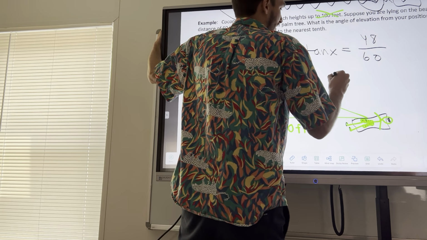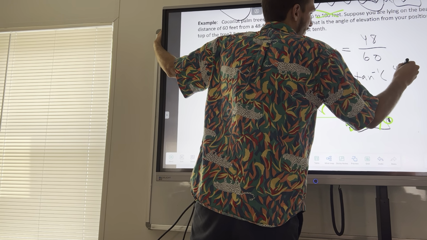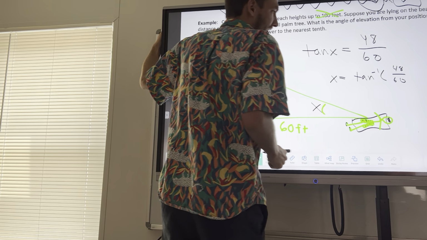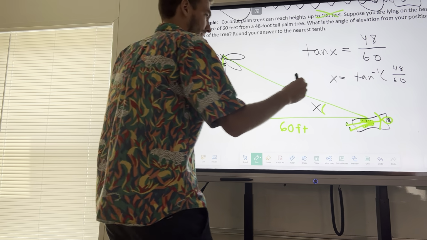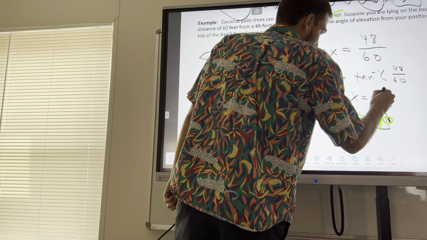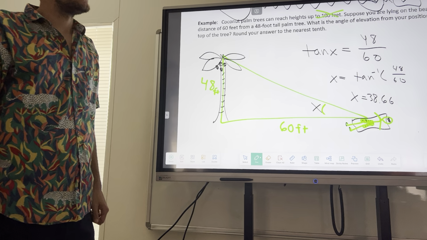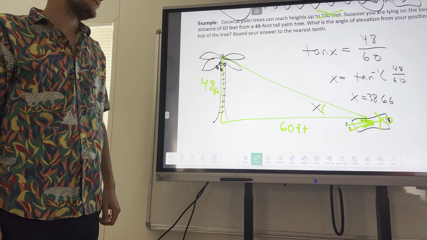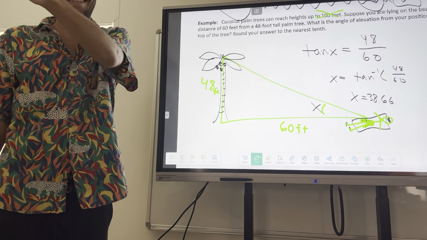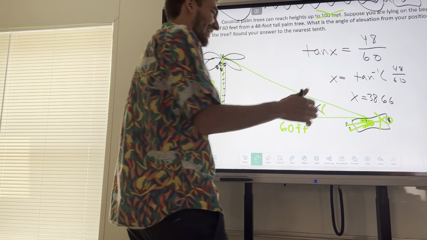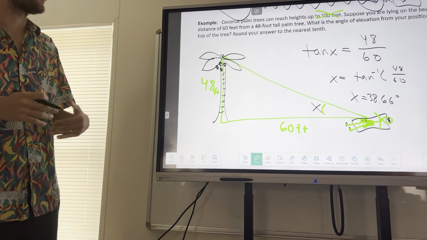We need to use inverse. x is equal to the inverse tangent of 48 over 60. We go to the calculator. What do we get? 38.66. 38.66. Are we going with feet or meters or what? Degrees. Nice. Tried to trick you, but he's too good. Degrees, because this is angles we're working with.